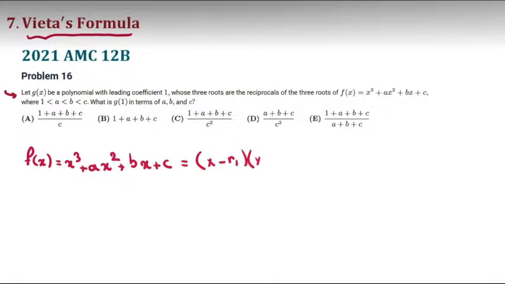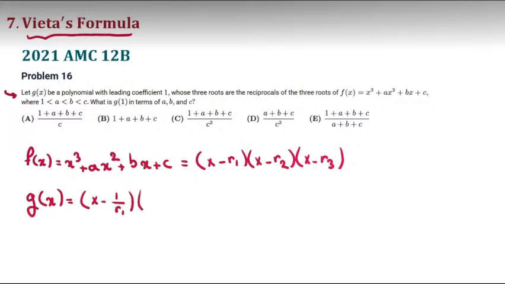It will be x minus r1 times x minus r2 times x minus r3. Now, g of x, it says the roots are reciprocals, so it will be x minus 1 over r1 times x minus 1 over r2 times x minus 1 over r3.